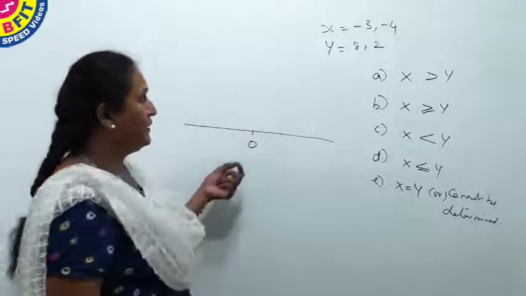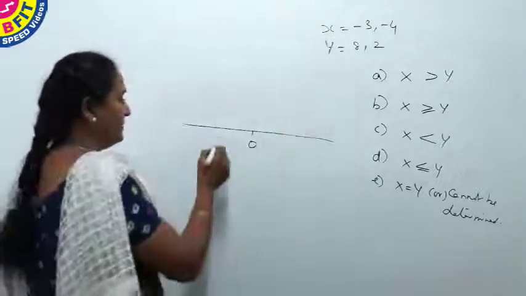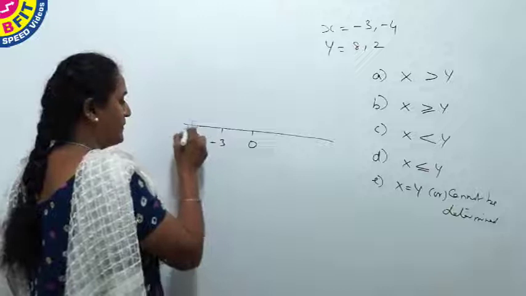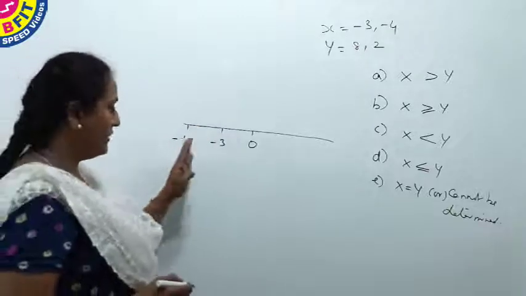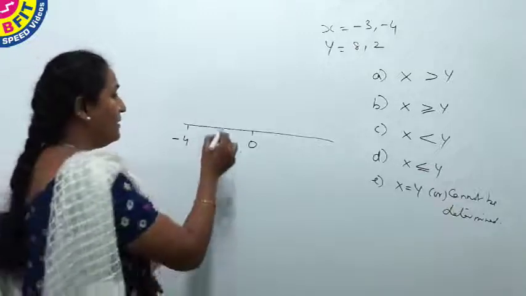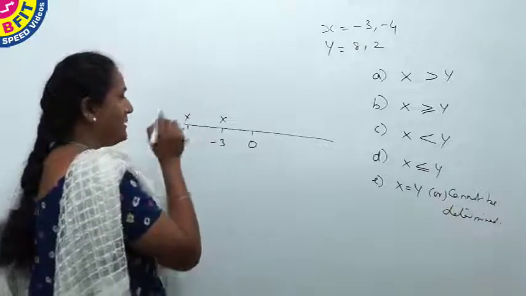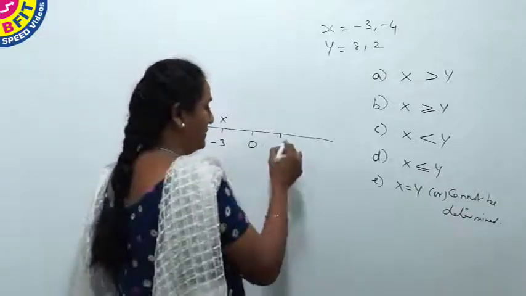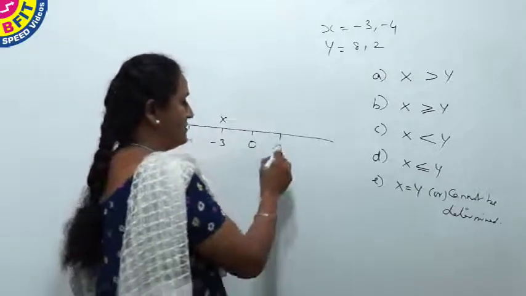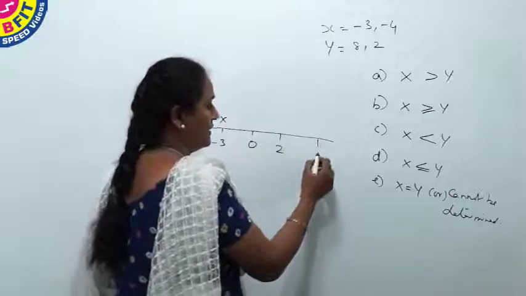So assume that minus 3 is here and minus 4 is here. So as minus 3 is higher than minus 4, we'll write minus 3 on the right hand side, and x values lie here. 8 and 2 both were positive values, so write them on the right hand side.